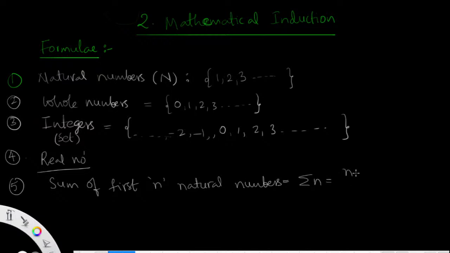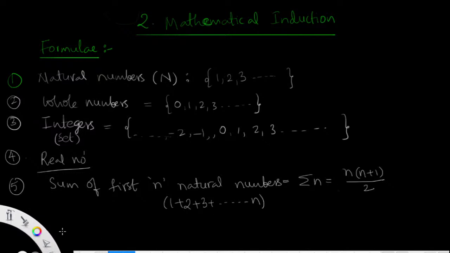Sigma n is the sum of the first n natural numbers, that is 1 plus 2 plus 3 plus so on up to n terms. Sum means sigma, and sigma means summation of the numbers. So sigma n equals n into n plus 1 by 2.